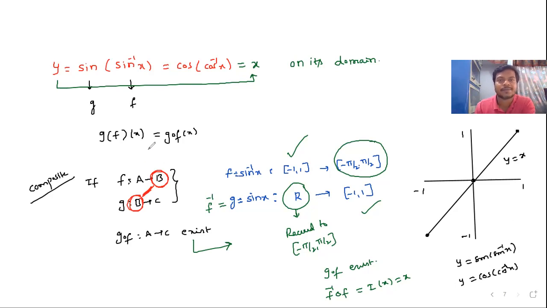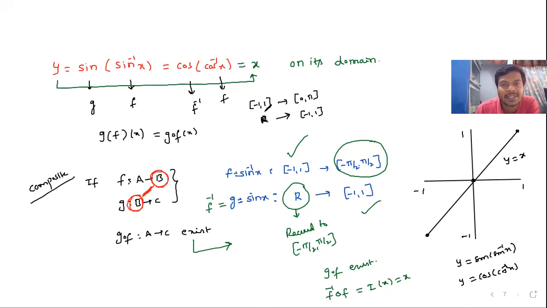Let us see here. If you select f, g is nothing but f inverse. Why? Because these two are inverse to each other. In this way, cos inverse of x is defined from -1 to 1 to 0 to pi. We know this. And its inverse function, the cos function, is defined from R to -1 to 1.